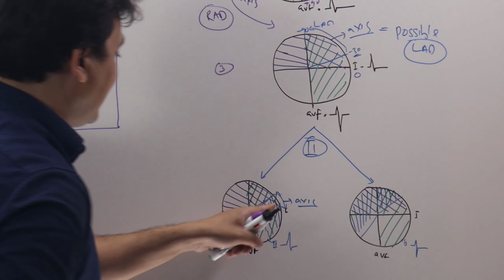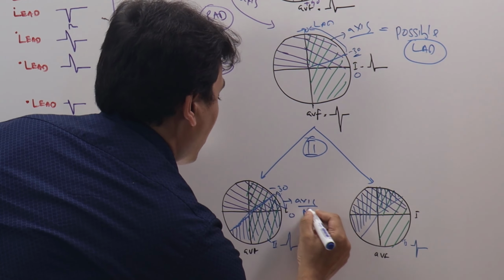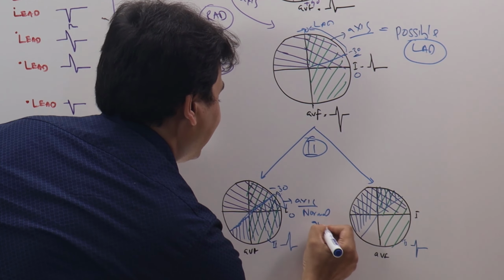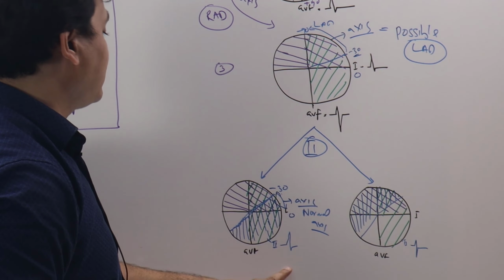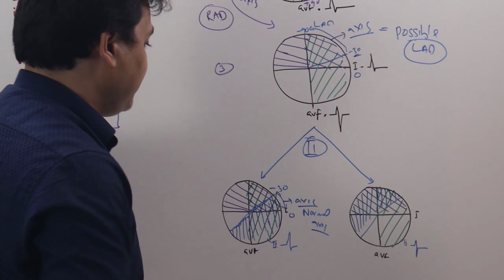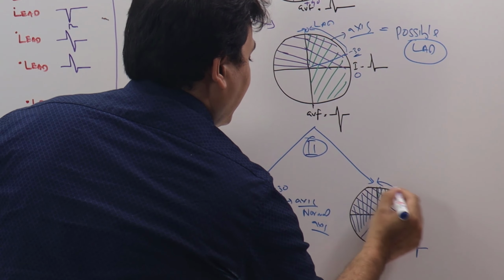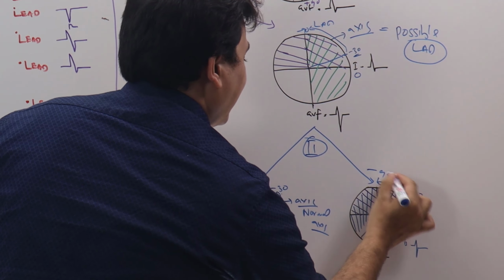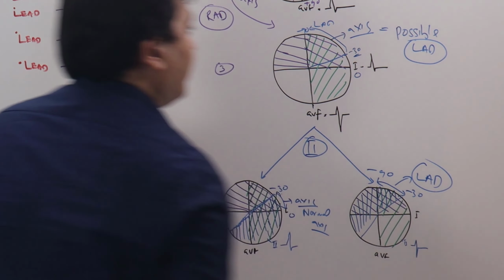Because this area is 0 to minus 30, which is normal axis, this is normal axis. From here you diagnose that it can be possible LAD, but lead 2 is also positive, that means it's a normal axis. However, if lead 2 is negative, then this is the cross section. This is minus 30 to minus 90, and this will be called left axis deviation, confirmed, right?